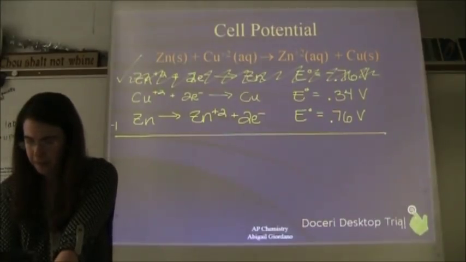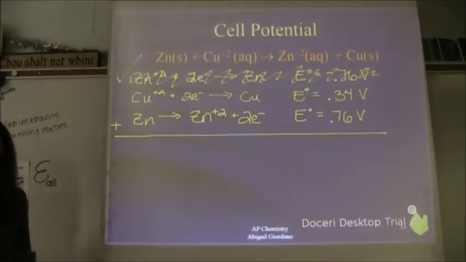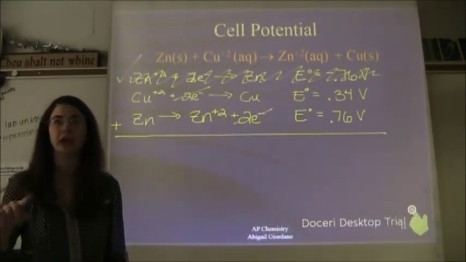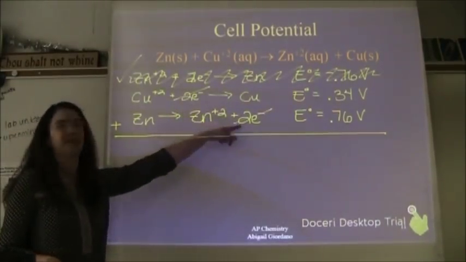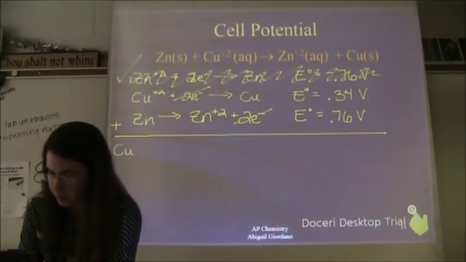Okay. And I'm going to add these two together. Is there something I can cancel out? Okay, the electrons, and they have to cancel out. We'll talk in a minute about what happens if it's not the same number. We've actually done that before.